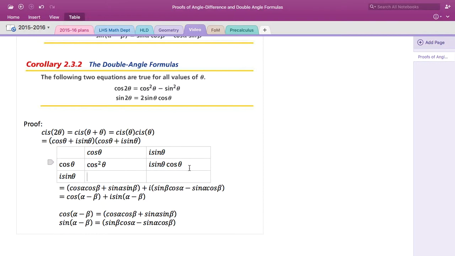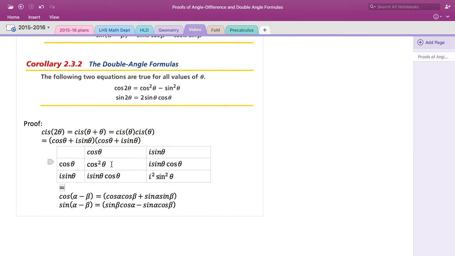And then I sine theta times cosine theta should be exactly the same thing. And I sine theta times I sine theta will be I squared times sine theta squared.